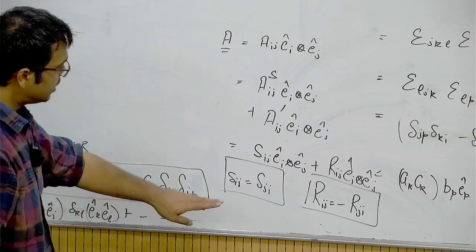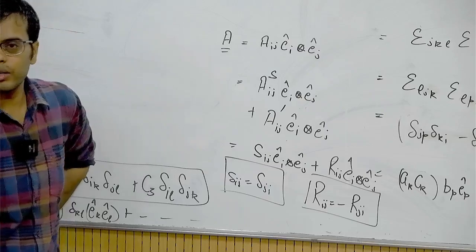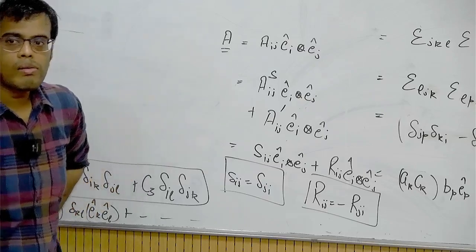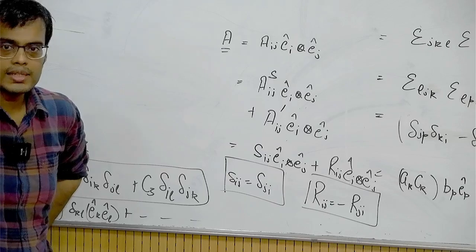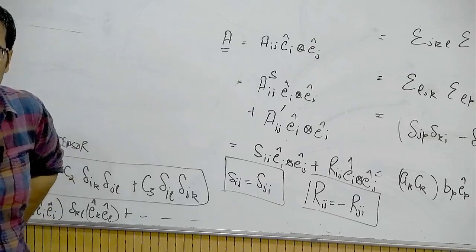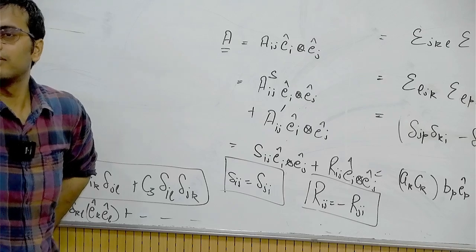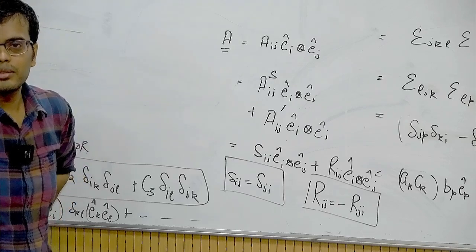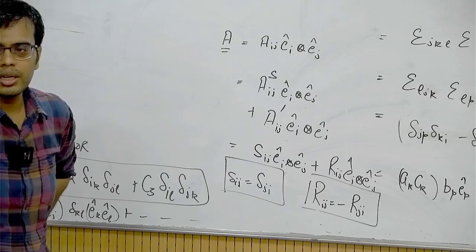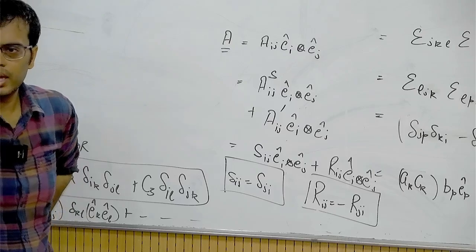So how many independent components is the symmetric component going to have? 6. How many independent components is the anti-symmetric going to have? 3. There are 3 independent components that an anti-symmetric second order tensor can have.